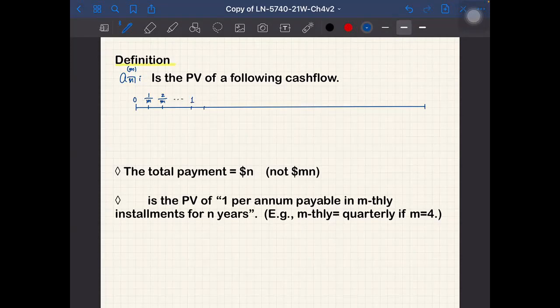Then the next ones are 1 plus 1 over m, 1 plus 2 over m, up to 2, and so on. Then finally, we have n. And the payment amount is 1 over m dollar per 1 over m year, and that's the same amount for every 1 over m years.